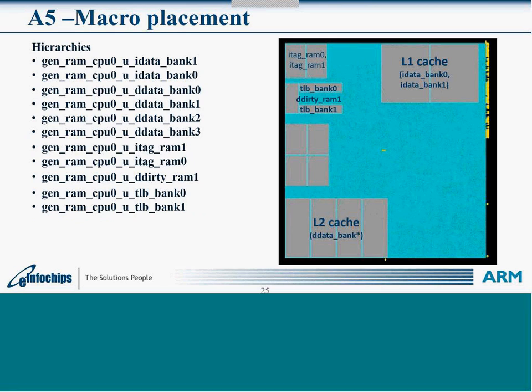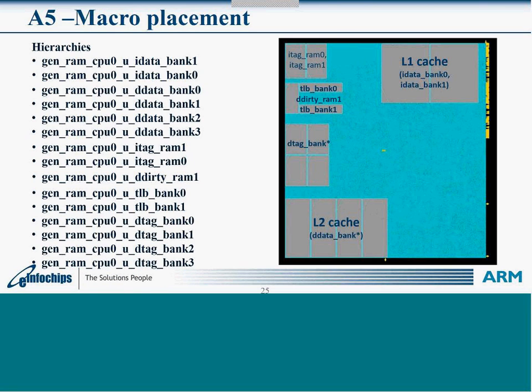That is ITAG 0 and 1. There are the TLB memories, bank 0 and 1, and the D tag memories. So this has 4 memories. If you look at it, these memories we have chosen as different banks, basically to increase the performance.